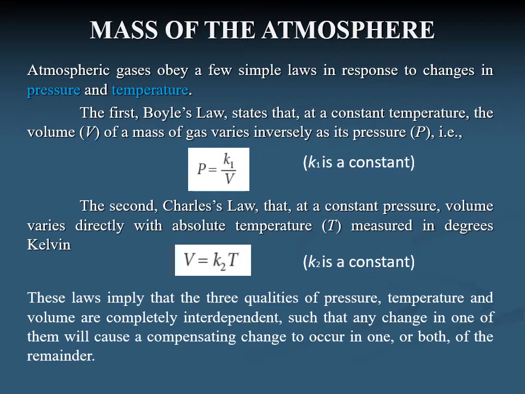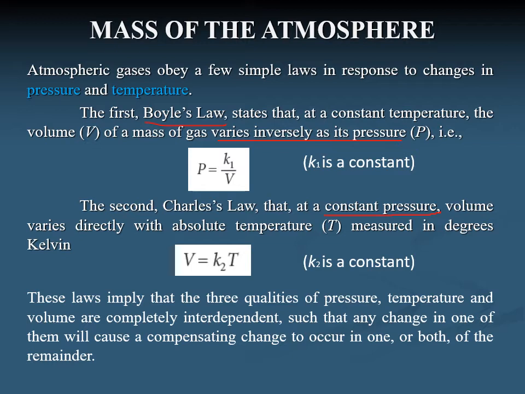The first one is Boyle's law, which states that at constant temperature, the volume of a mass of gas varies inversely with pressure. The second law is Charles's law, which states that at constant pressure, the volume varies directly with the absolute temperature.